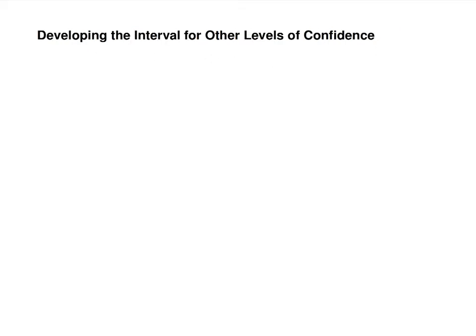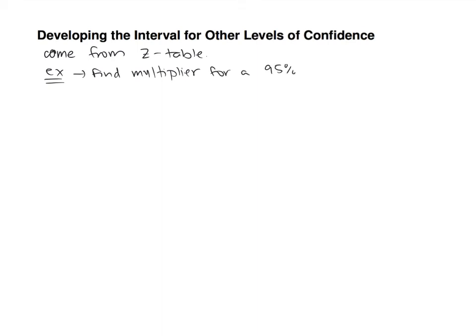Now, next, let's talk about where those confidence interval numbers come from. Like, how did you get the multiplier of 1.96? So these things come from a z-table. So, for example, suppose we want to find the multiplier for a 95% confidence interval.